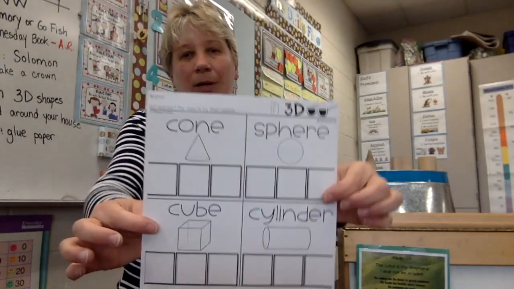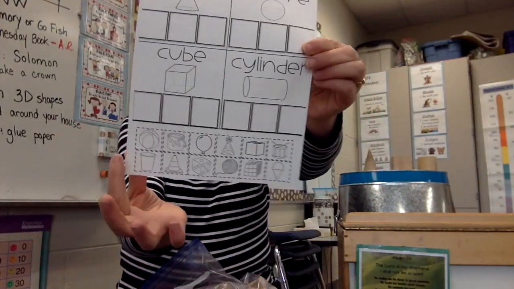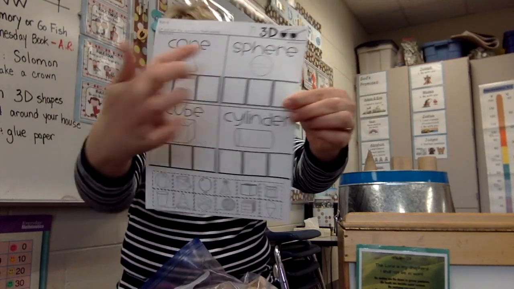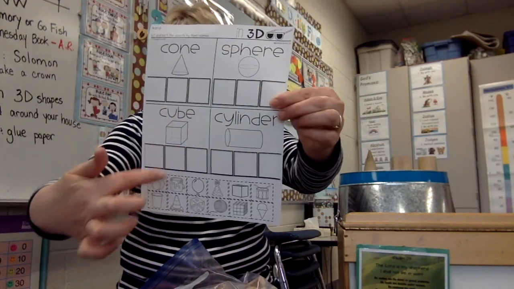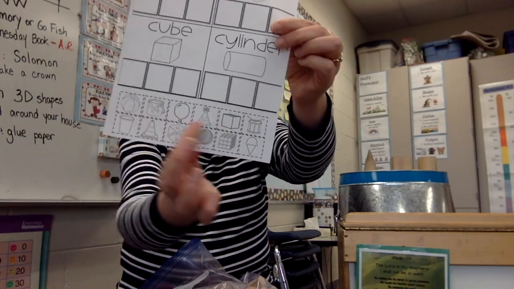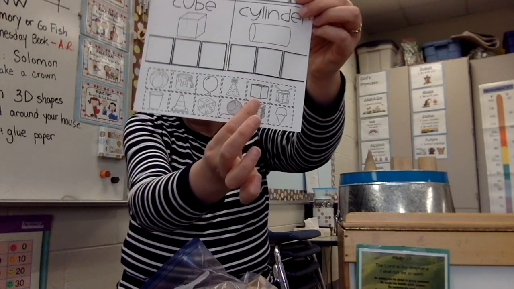So what I'm going to have you do is look around your house for different 3D shapes. Now, one of the things you're going to do is this paper. You're going to cut out the 3D shapes on the bottom to match where they belong up on top. These might give you an idea of what 3D shapes you can look for.